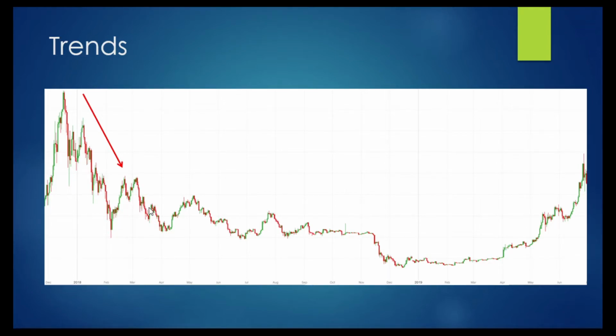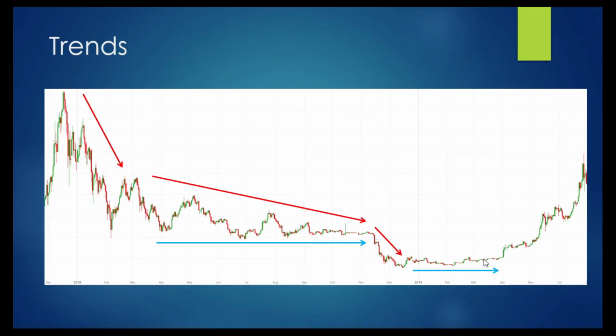Then followed by a sideways market with successive lower highs but constant support level. Then it finally broke down, creating a short downtrend here, followed again by a 3-month sideways movement. Then lastly, a clear uptrend with higher highs and higher lows.